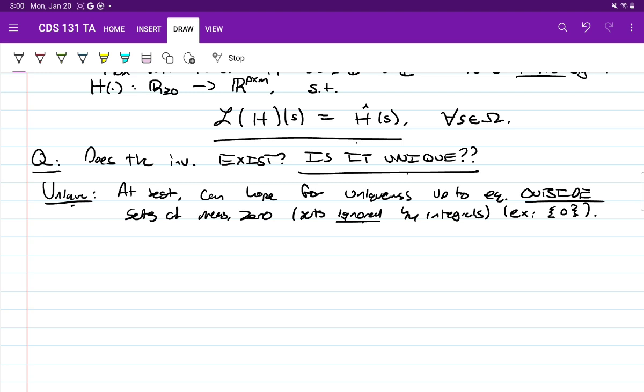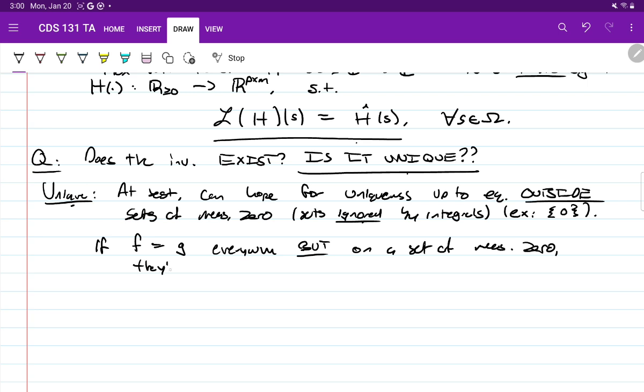It won't even notice. So the basic problem is that if you have two functions f equal to g everywhere but on a set of measure 0, they'll have the same Laplace transform, because the Laplace transform is defined via integration.